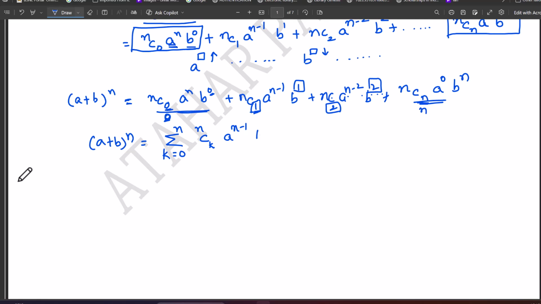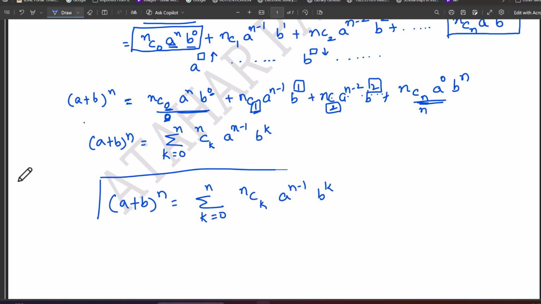So here you will write B to the k. Clear, right? So this is the expression. (A plus B) whole to the power n, summation k is equal to 0 to n, nCk, A to the n minus k, B to the k. This is our binomial theorem short form.